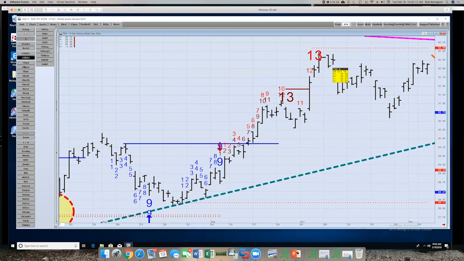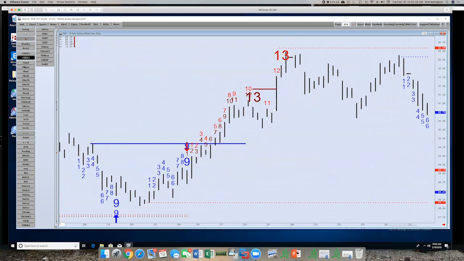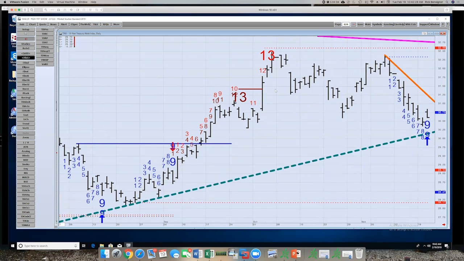There are times, like in 2018, that aggressive sequentials work better, for instance, in the S&P than a standard sequential. So one of the things I've learned over time is to look back historically and see which of the two tends to catch the mode of the market better.